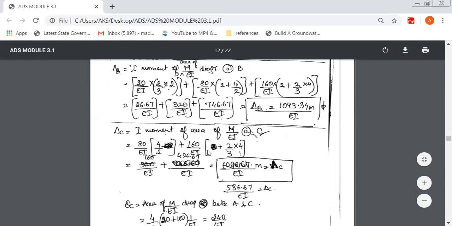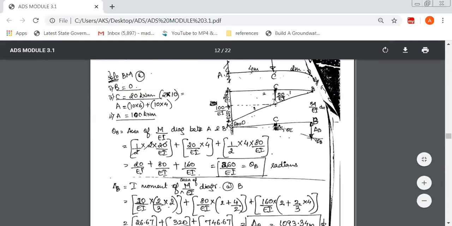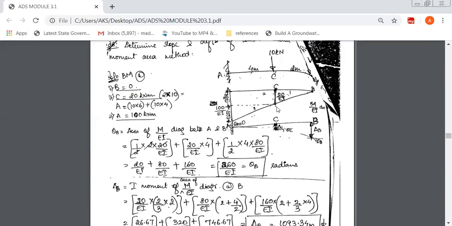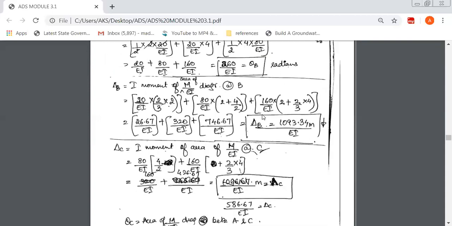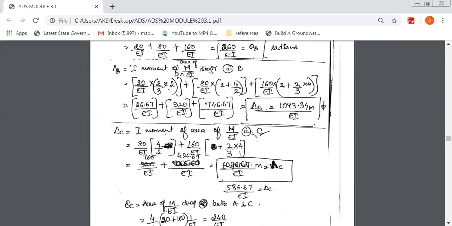Then the CG of this triangle about point C. About C it is 2/3 of the base. So 2/3 of the base, that is 4 meter. So that's just 2/3 of 4 meter. When you solve this, you'll get the answer 586.67.